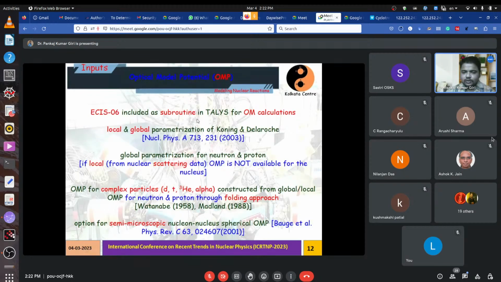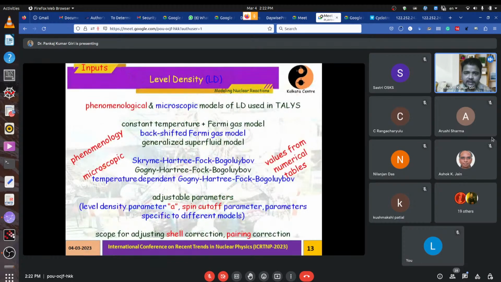So let me just point out what are the different kinds of models included in TALYS. For the optical model potential, there are several models; some are local and some are global potential models. And semi-microscopic nuclear spherical optical models are also provided in the TALYS code. And for the level density, we have phenomenological and microscopic level density models.